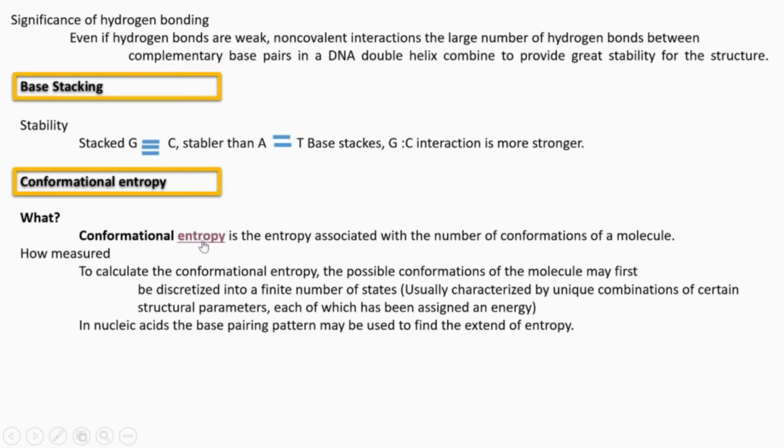The basic concept about entropy is that it is the energy associated with a disordered state, and that energy we can't utilize for doing any useful work. So we can see that video.